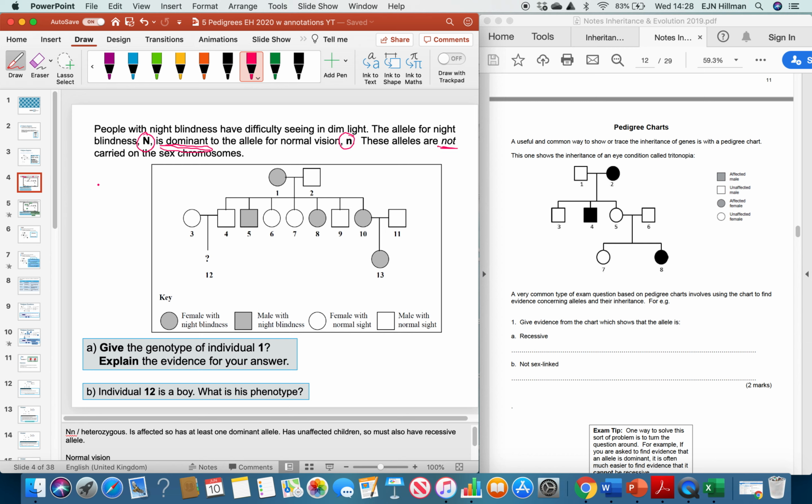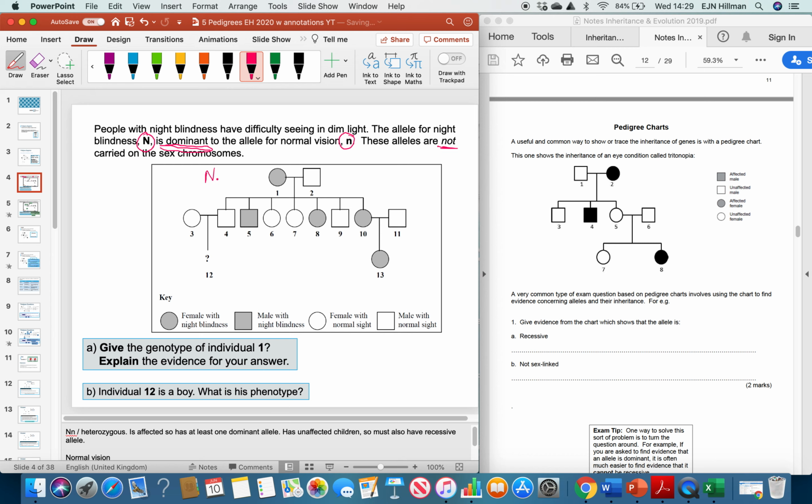As we said before, shaded means that the individual has that particular phenotype. This is a circle, so a circle is a female, and it is shaded. Now that means if night blindness is caused by a dominant allele, she could have 2 different genotypes.